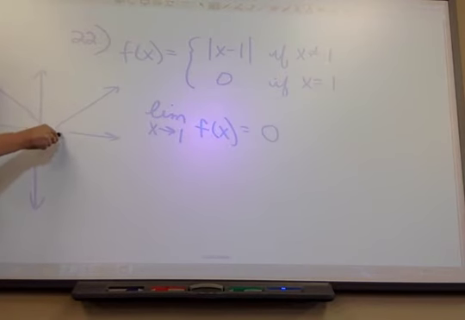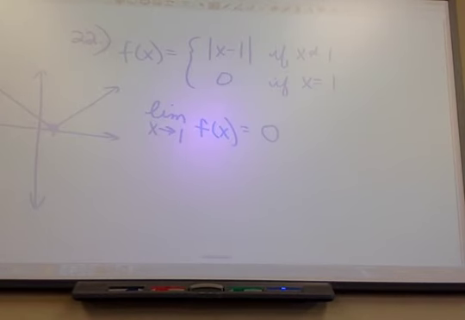Closer and closer and closer to 1 from the left goes to 0. So that's my limit. The best you could do to graph that on your calculator is just to do this piece and know that there's an open circle here, and this closes in that circle. If x is 1, y is 0. So it looks just like that.